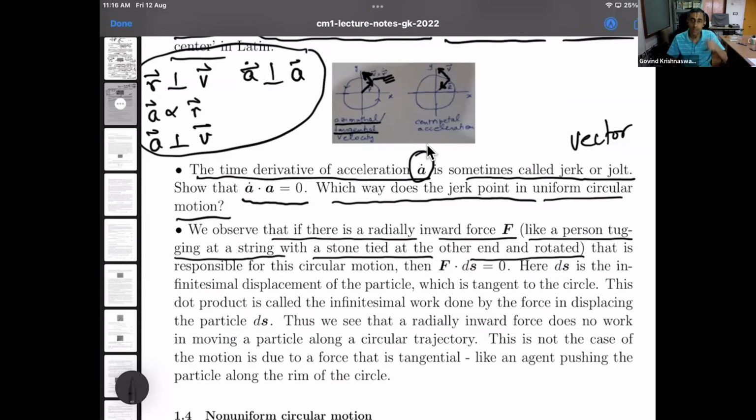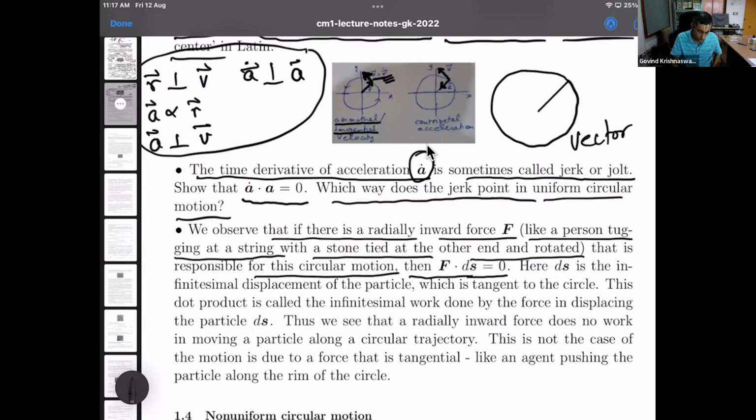This person tugging at the string is responsible for the circular motion. The force acting on the particle is radially inwards, and we will notice that the force, the tension in the string, is perpendicular to the infinitesimal displacement.